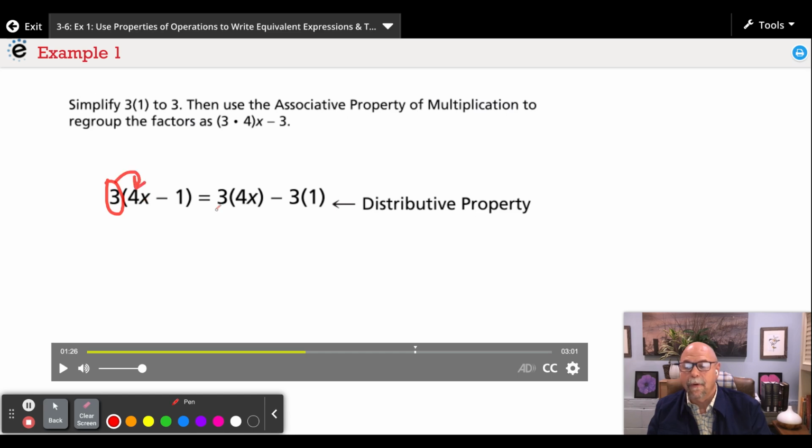So 3 times 4x is right there. And then they took that same 3 and they multiplied it by 1, and that's right there. And then finally notice that there was a subtraction sign in between them, so they kept the subtraction sign. So first they did this distributive property. They took the 3 and multiplied it by everything inside and rewrote it to look like that.